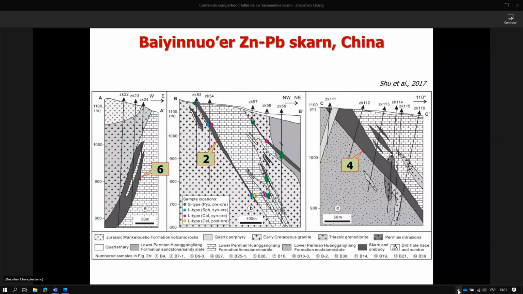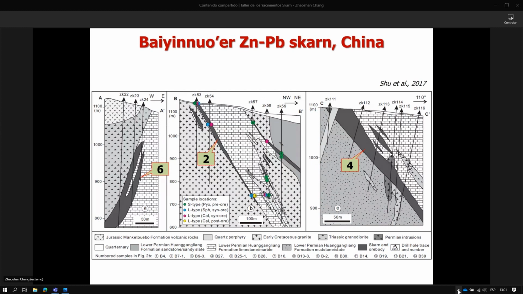We'll start with the most confusing part, the older intrusion. This one is Bayinuur, a lead-zinc skarn in China, and you'll see this type of rock. This one is a Triassic intrusion, and this one, with this pattern, is a Jurassic intrusion.